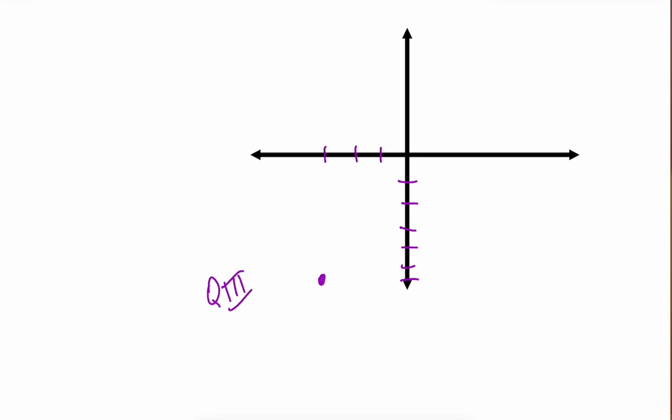Now, how do we build our reference triangle? Well, we are going to connect it to the origin. We are going to connect it to the x-axis. Connect it to the origin, connect it to the x-axis. We always put the theta by the origin. So there's our theta.